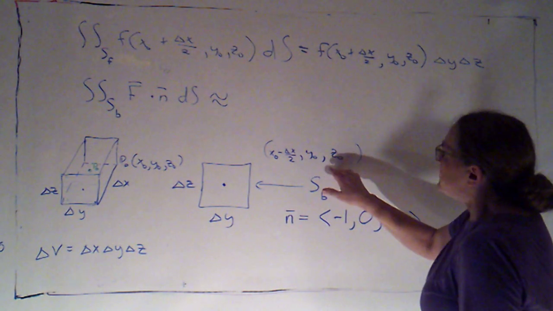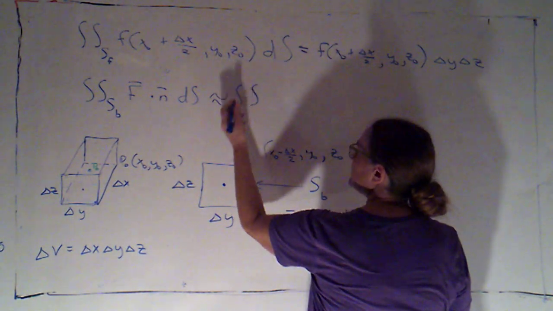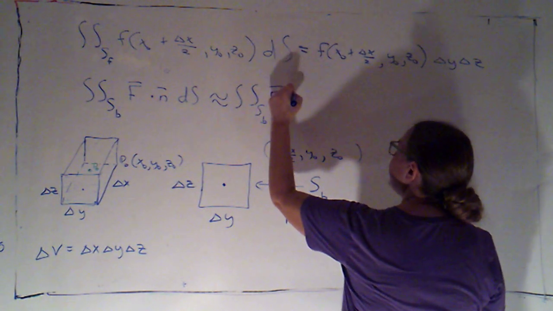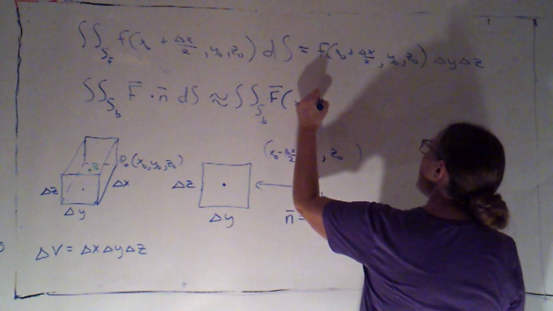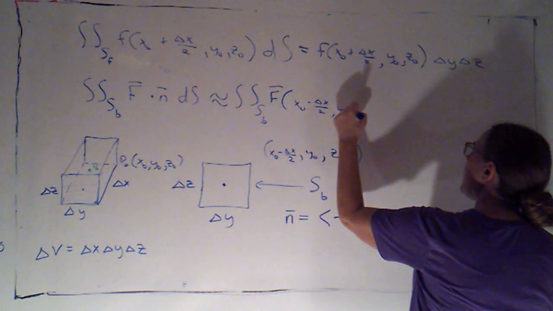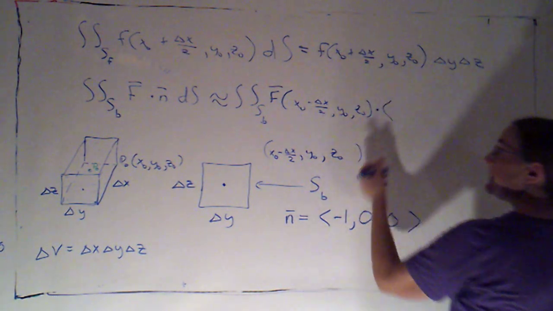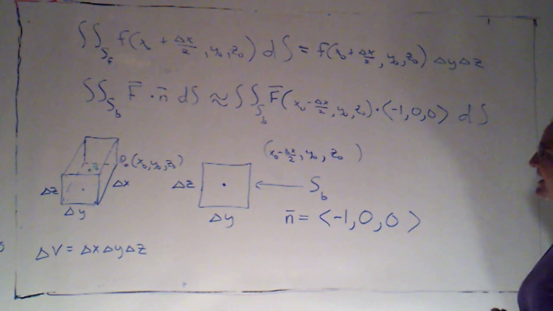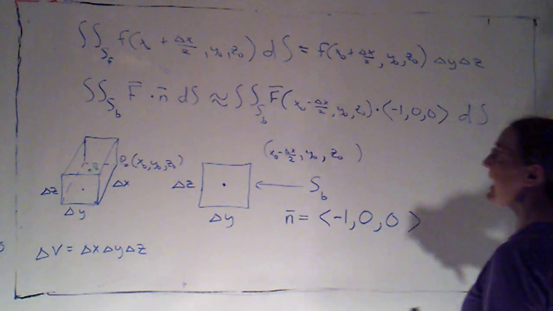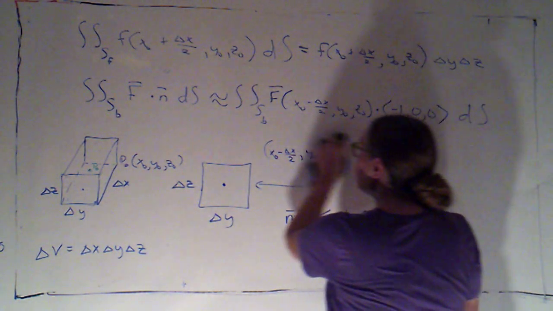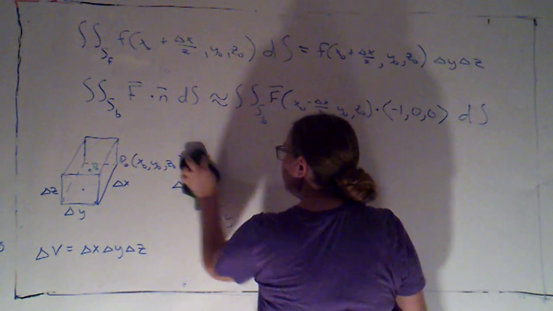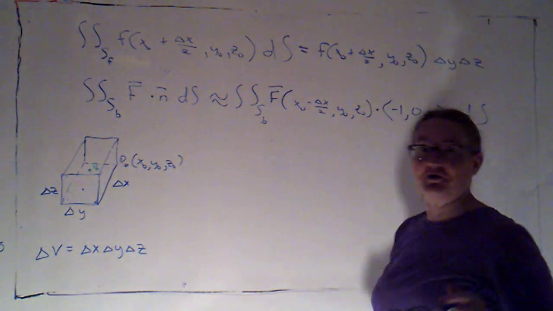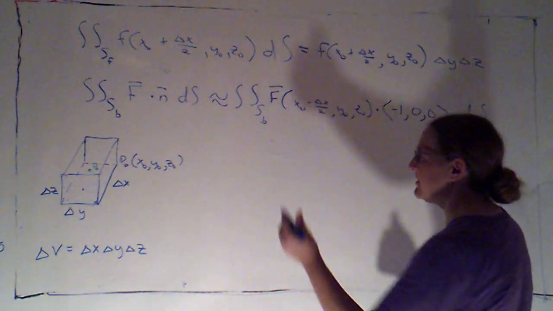So I'm going to approximate this with the double integral over the back surface of f evaluated at x naught minus delta x over 2, y naught, z naught, dotted with the normal vector. This is not an approximation, that's exactly this. And then we're going to integrate that with respect to s. I know my vector field f has 3 components. I've ceased to write it down, but it's got f, g, and h as the component functions.